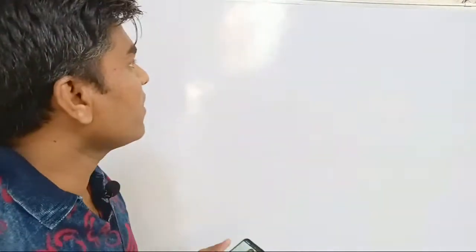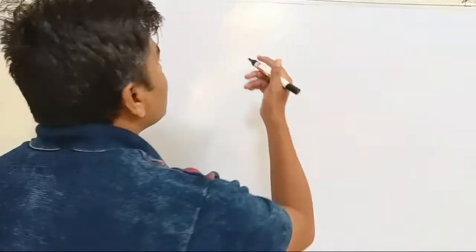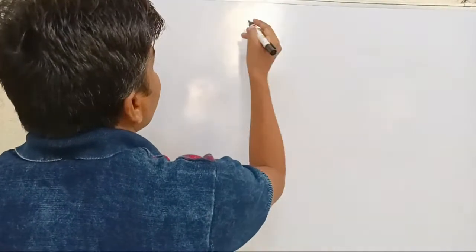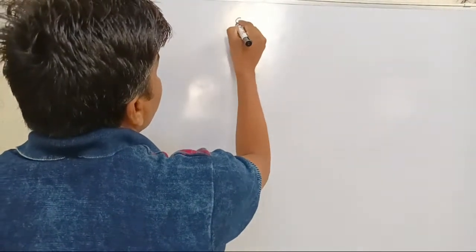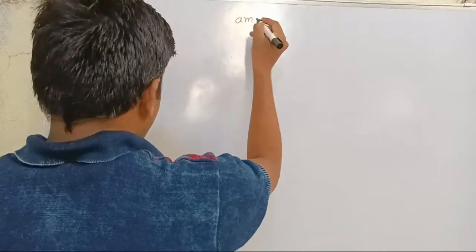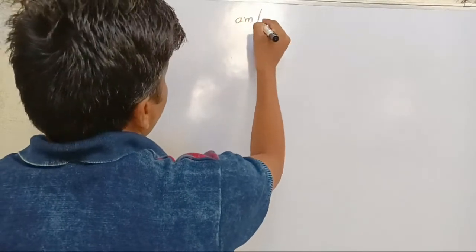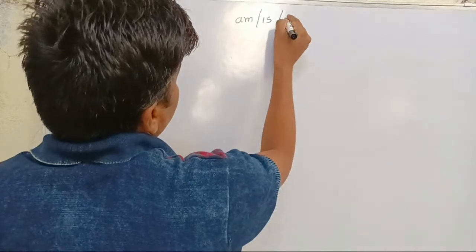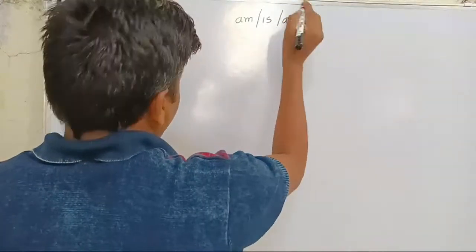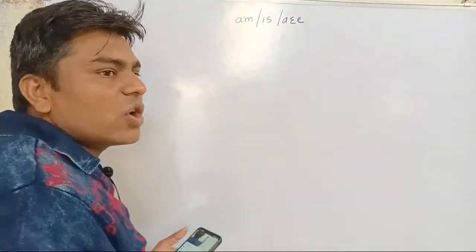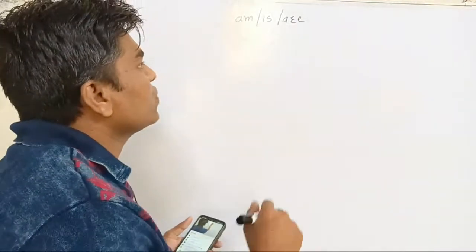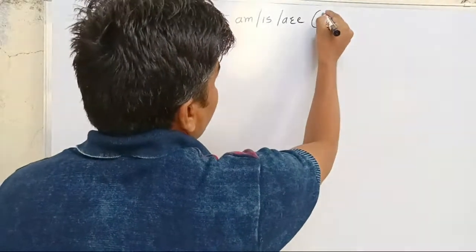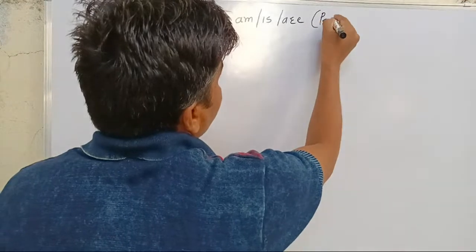I write here, and auxiliary verbs are am, is, are. These are the auxiliary verbs that we use in present tense.